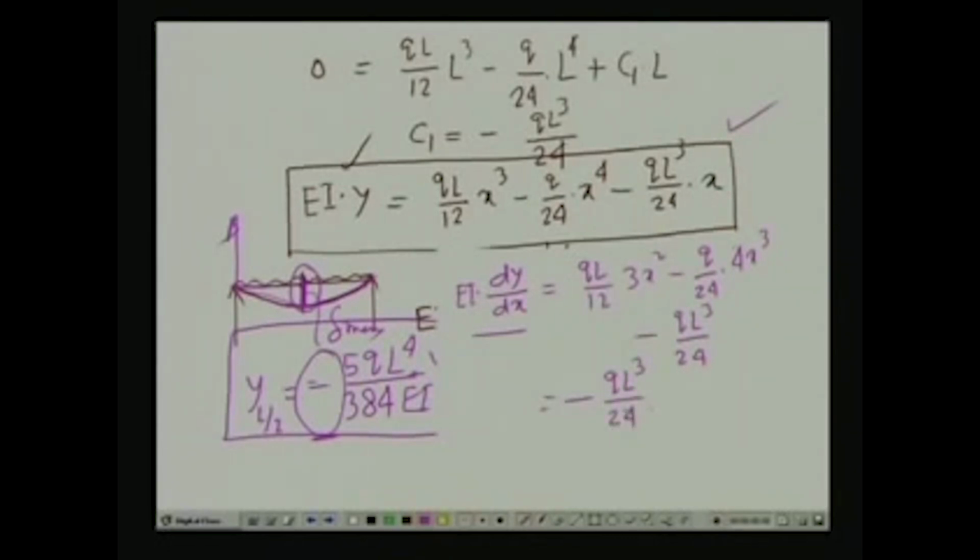Now, here if you note, again this is negative. This is the deflected curve as we have obtained. If we take the tangent of this elastic curve at this particular point, then the rotation is in a clockwise direction.